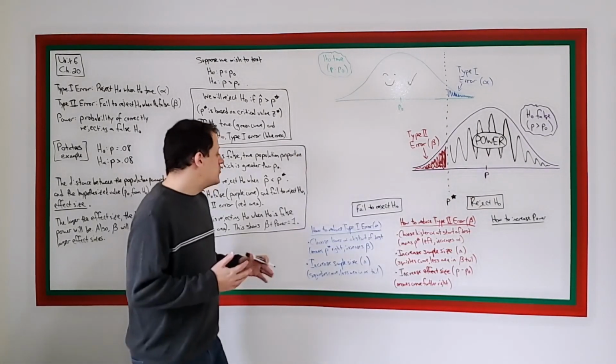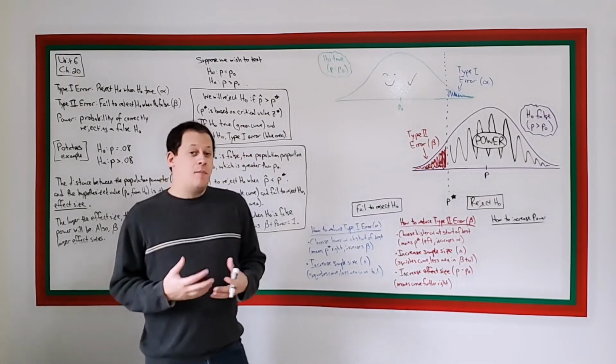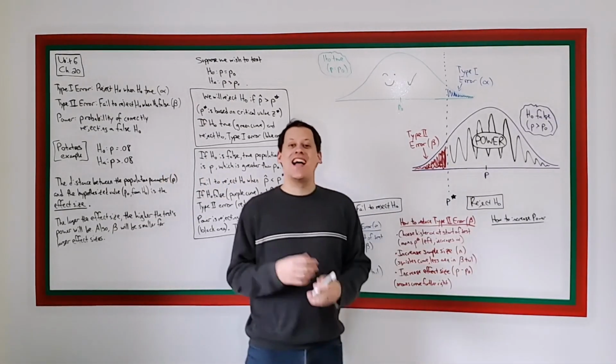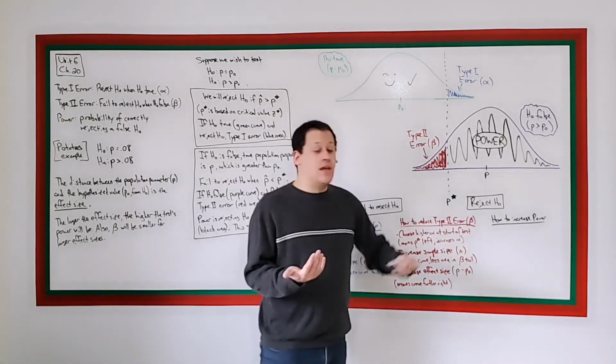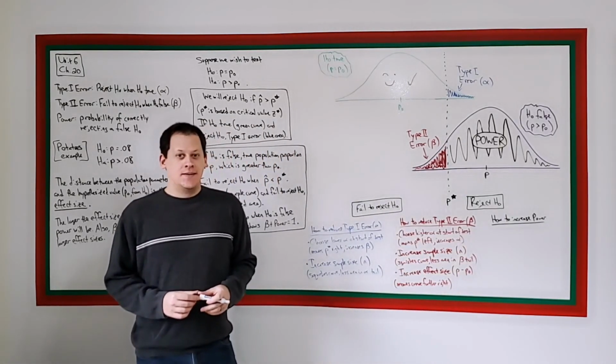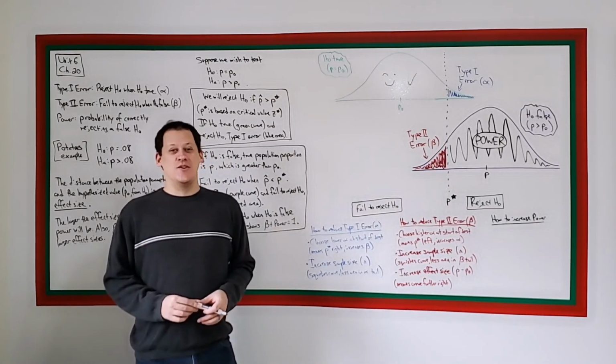So we've talked about how to reduce both types of error, but we also want the power of the test to be as high as possible. So it would also be useful to know how can we increase the power of the test. But the thing is, we already know all the things that can increase the power of the test.